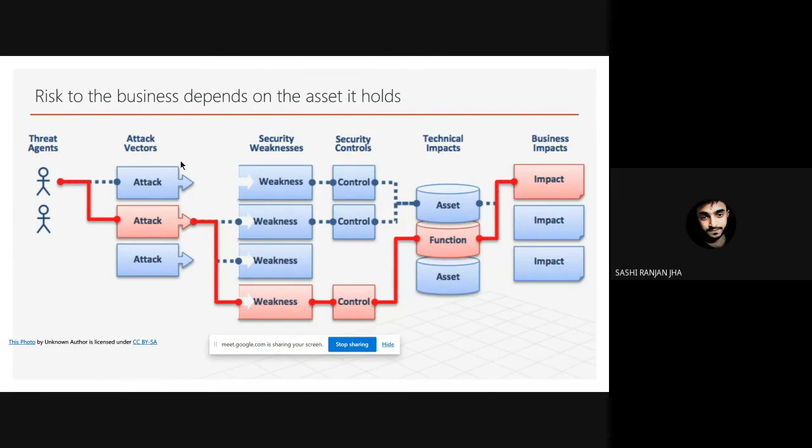So the security postures that are maintained over those websites may control different kinds of weaknesses. Here we see there is some kind of weakness that we have some control over. There is another kind of weakness that we do not have control over, but it is related to some kind of asset that we are trying to control.